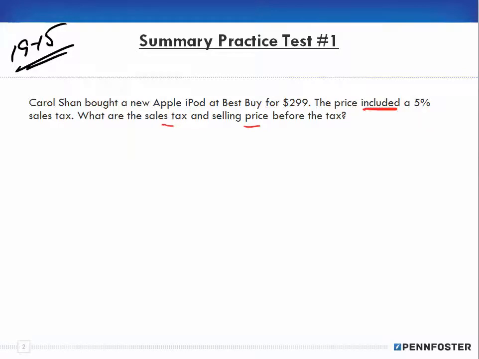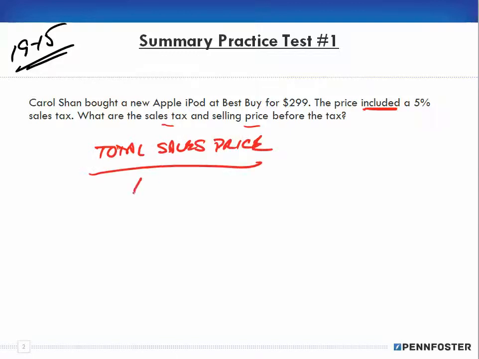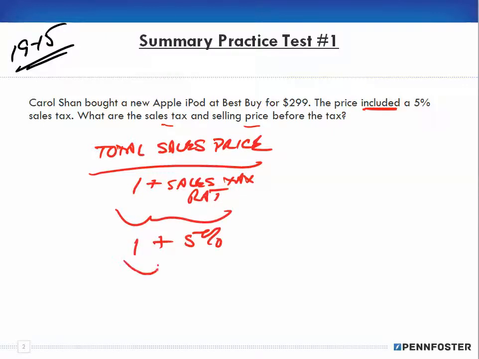Remember, it's the total sales price divided by 1 plus the sales tax rate. In this case it's 1 plus 5%, or 1.05.